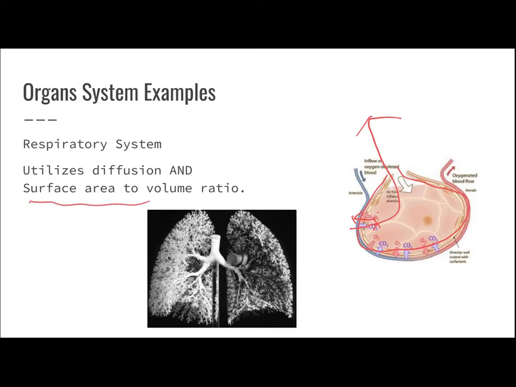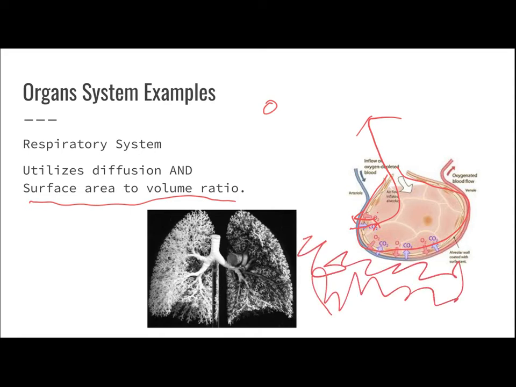Surface area to volume ratio is also important. One way that surface area to volume ratio can be increased is by having things smaller. Another way is by increasing, let's use the very scientific term, squiggliness. So if you take, for example, a flat piece of paper, that takes up a certain amount of space. If you scrunch it up into a ball, you can get it much more compact and taking up less space, but still maintaining all of the same surface area.